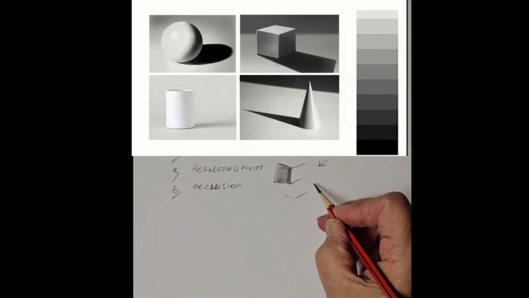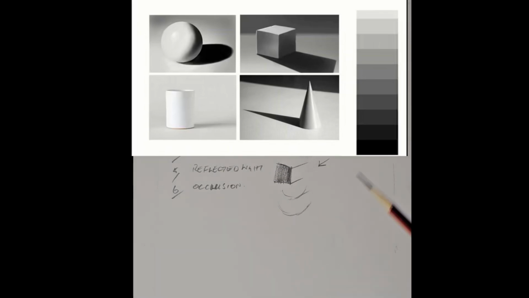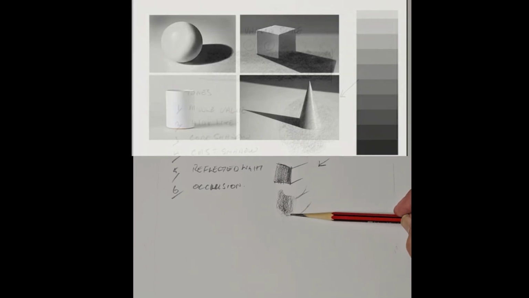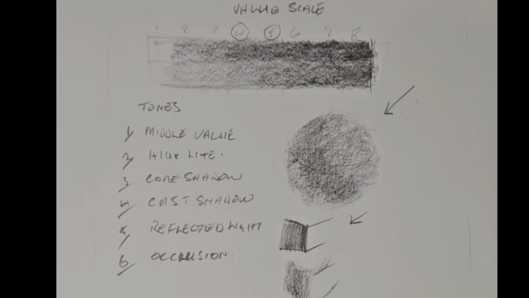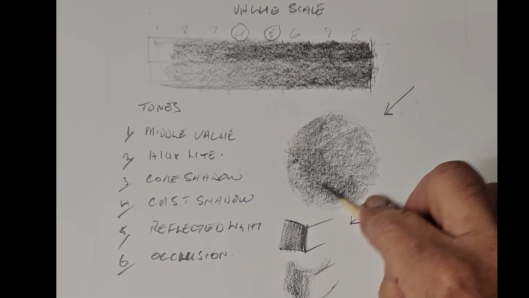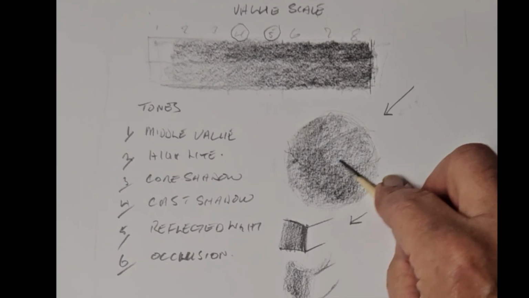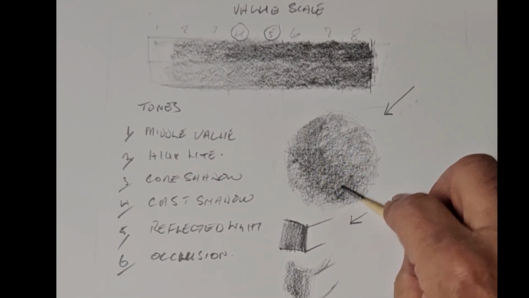If I was to draw, say, a pipe or something like that, apart from the fact that it would have a more rounded form, there would be a light gradation getting darker through to the core value and then getting lighter again as it progresses further away from the light, giving a feeling of roundness to the form as compared to the brick.